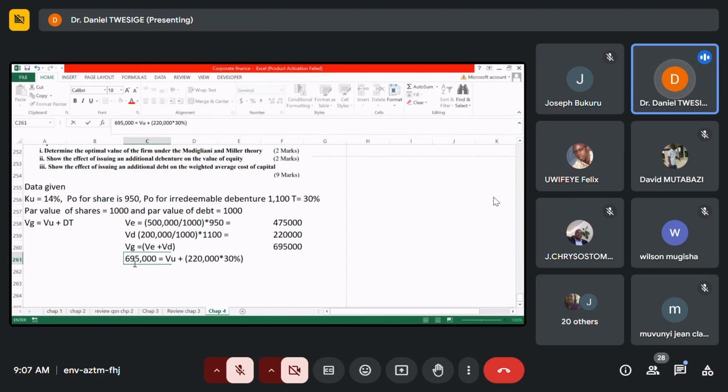So this one can only help you to get the value of ungeared, and when you get the value of ungeared, you are going to go back to the same value. So what is the VU in this case? But in that case, we are not answering the question.